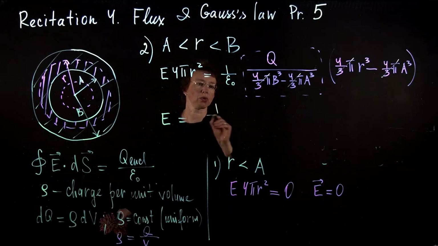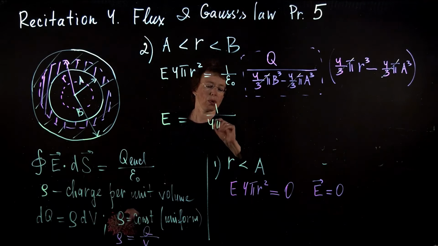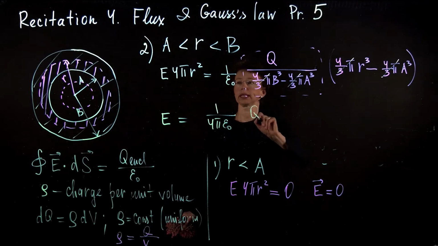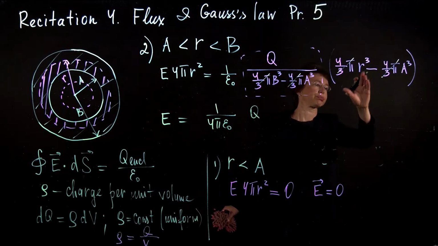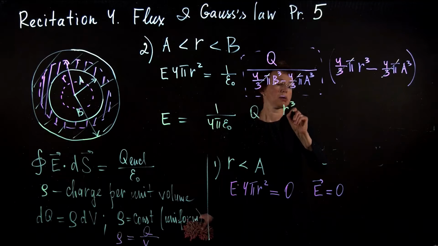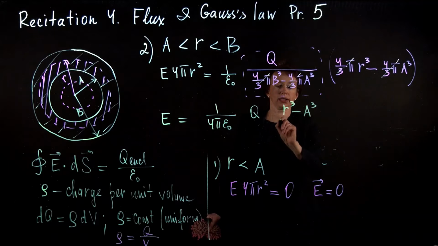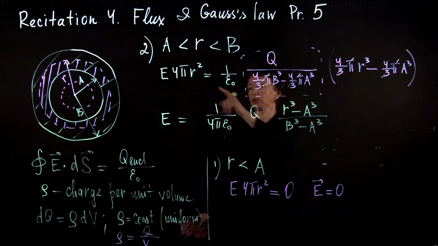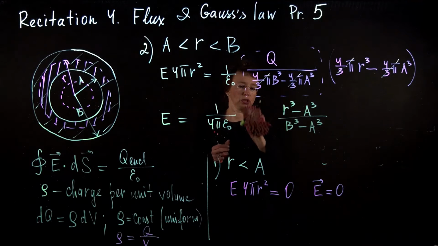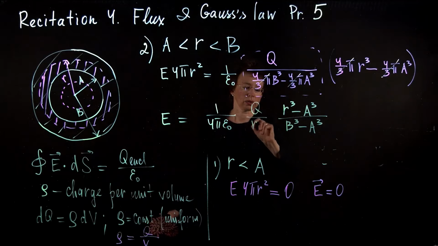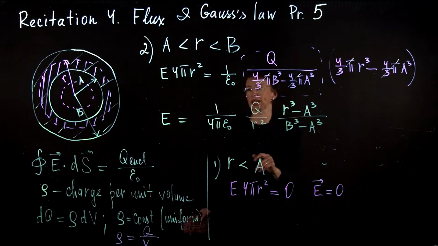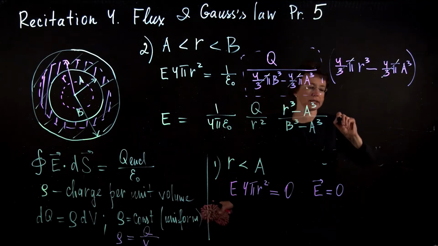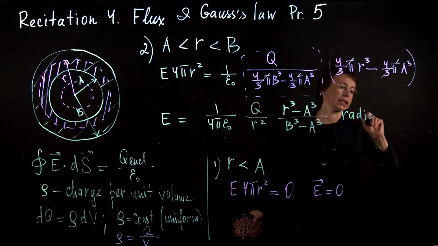So I have 1 over 4 pi epsilon naught, then Q, and then r cubed minus A cubed divided by B cubed minus A cubed. And we don't forget this r squared. So it is Q over r squared. This is the expression for the electric field between A and B. We need the direction: because of spherical symmetry, the direction is radially out.